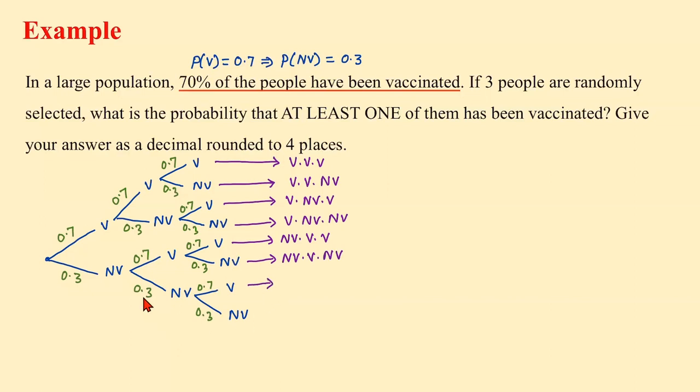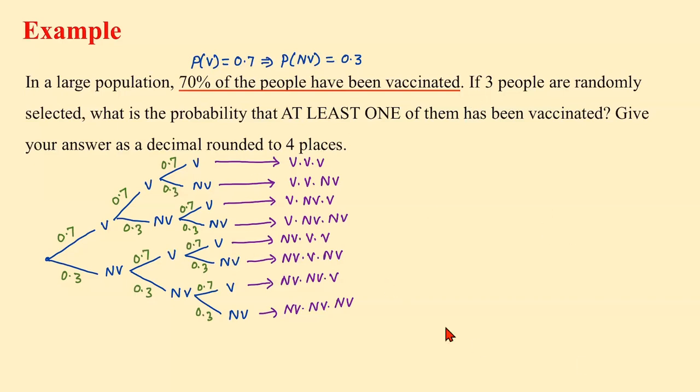Next one here, first is not vaccinated, second is not vaccinated, but third is vaccinated. And here is the last one: not vaccinated, not vaccinated, not vaccinated. All three of them are not vaccinated.